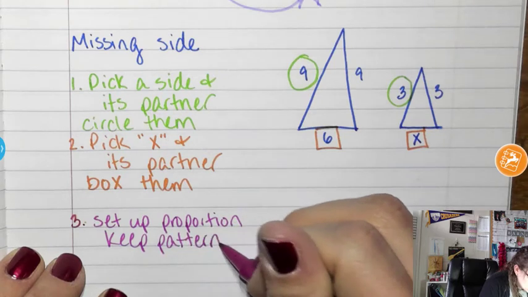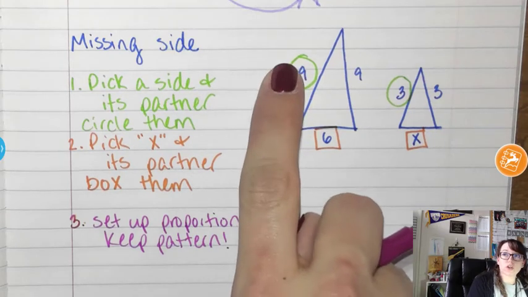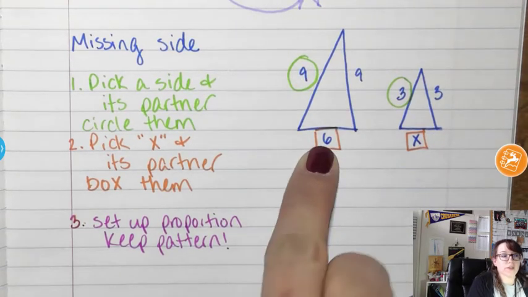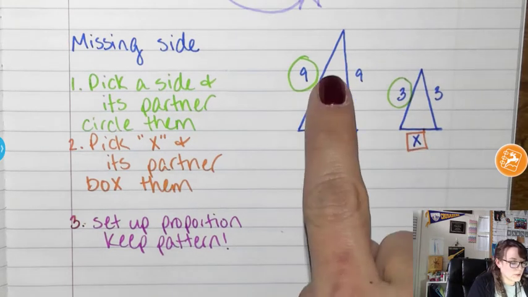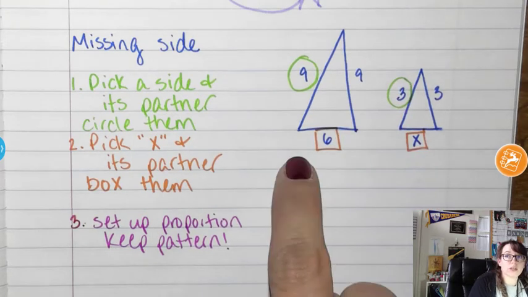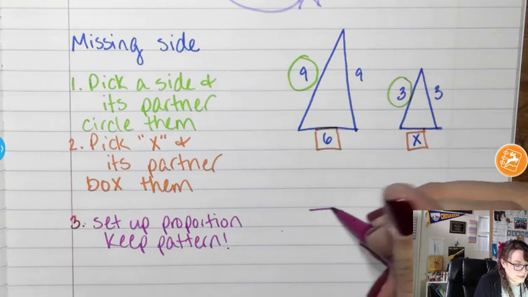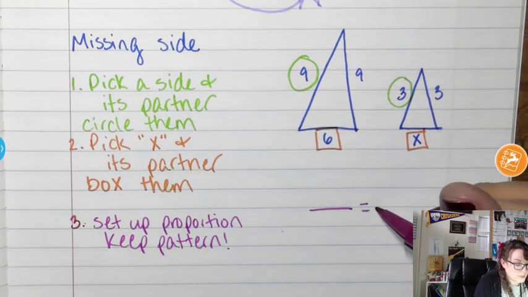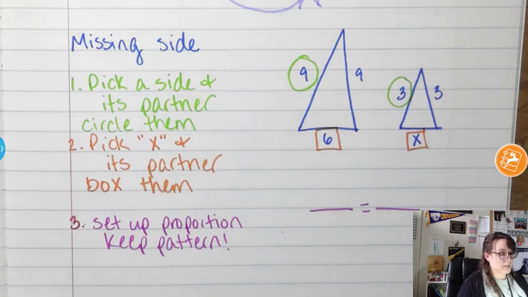So if you do circle over square, then on the other one you have to do circle over square. If you do big triangle over little triangle, then you have to do big triangle over little triangle. Does that make sense? There's lots of ways to set up your proportion. Just make sure you pick a pattern, keep a pattern.